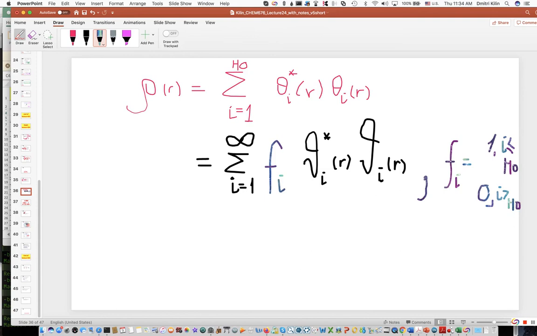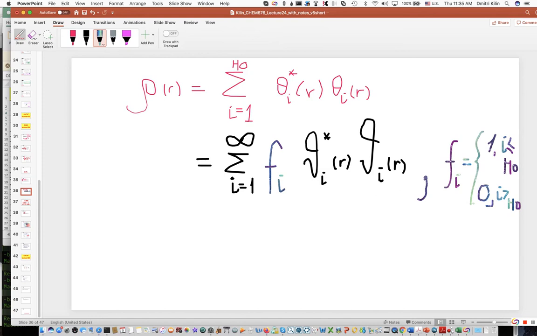Do you like this explanation? Do you like this equation? Yes, makes sense. Okay, so please object if you do not like. I will consider silence as support of this equation.